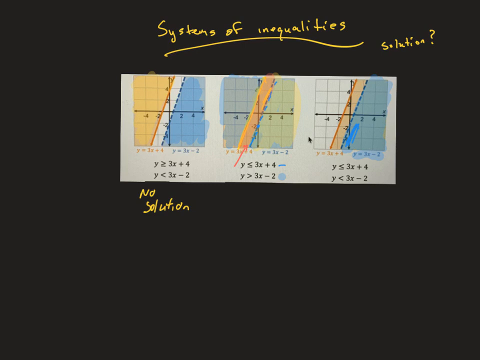Then we have our orange solution, which is shaded this way. So my overlap is going to occur from here this way forever, because that's where those two overlap. So that would be my solution of that. So remember, your overlap is the solution set to an inequality. And we'll graph a couple of those to show it.